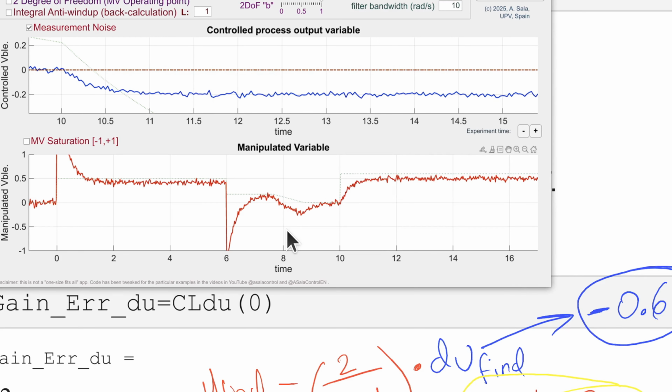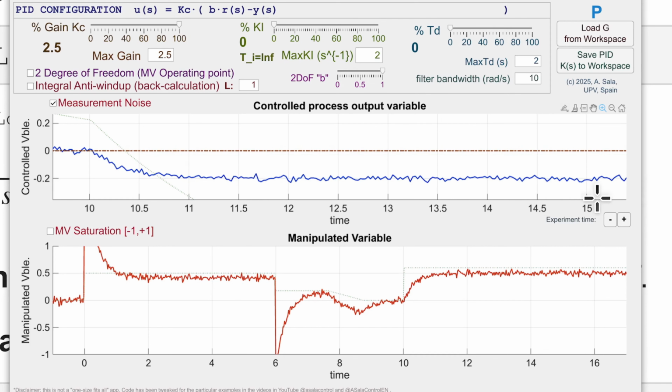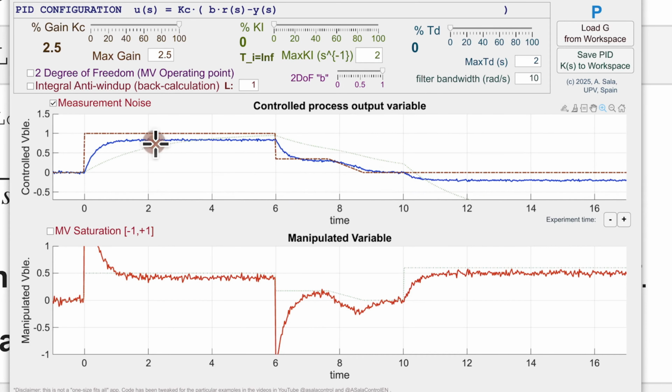But as the proportional controller does not input exactly that value, I have a steady state error of 0.2, which we are observing here. It's important: proportional control has non-zero error and non-zero output increment when the transient finishes, both in setpoint tracking response and in input disturbance response.